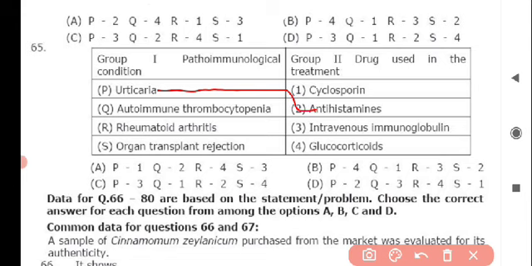For autoimmune thrombocytopenia, the correct answer is option number 3, that is intravenous immunoglobulin. For the third option, that is rheumatoid arthritis, the correct answer is option number 4, glucocorticoids. And for organ transplant rejection, the correct answer is option number 1, cyclosporin. So option D is correct for this question.